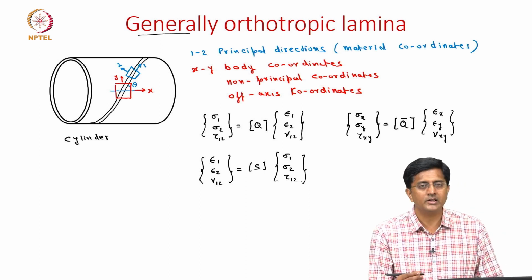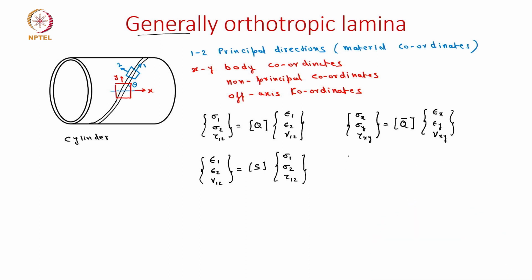Now, when we are writing in the body coordinate system, epsilon x, epsilon y and gamma xy is written in terms of the transformed compliance matrix S bar times the corresponding stresses sigma x, sigma y and tau xy.